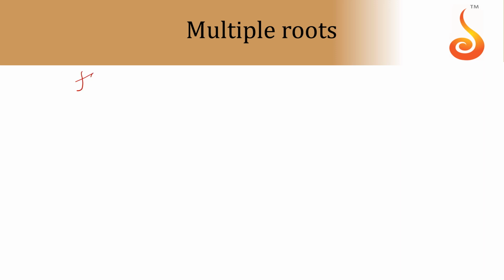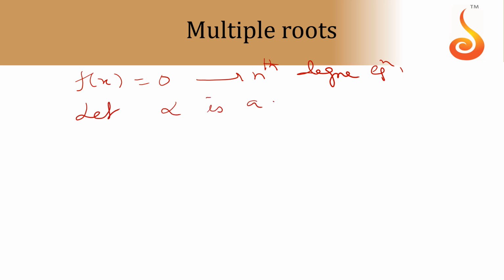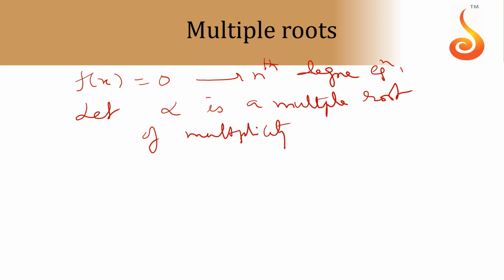Suppose you have f of x equal to 0, an nth degree equation, let alpha be a multiple root of multiplicity some m, let us say. So what do you mean by that? That f of x should have x minus alpha, m times, into some more polynomial.